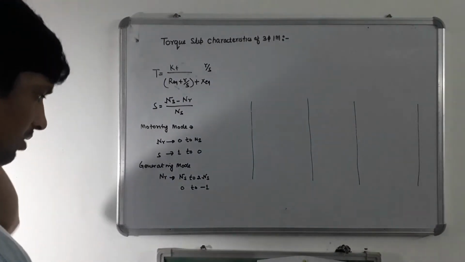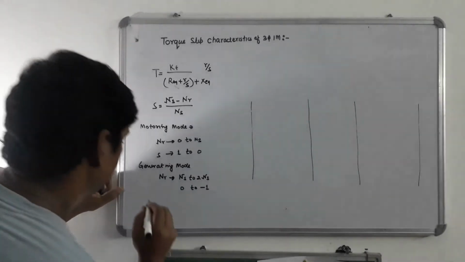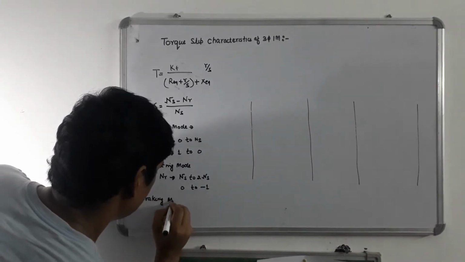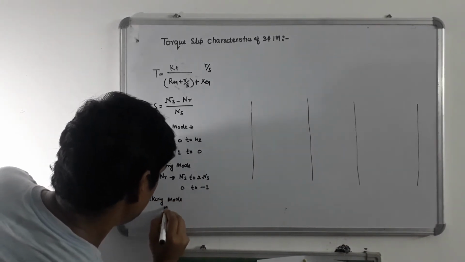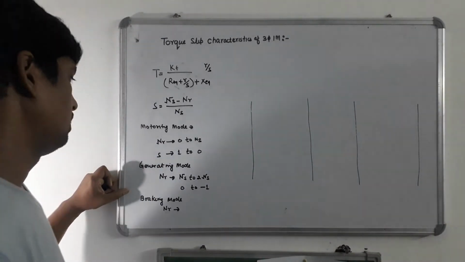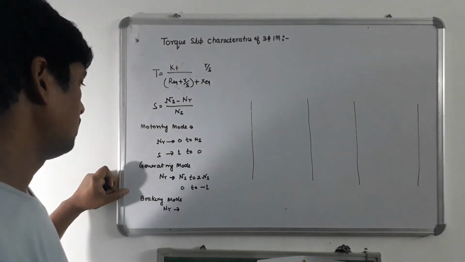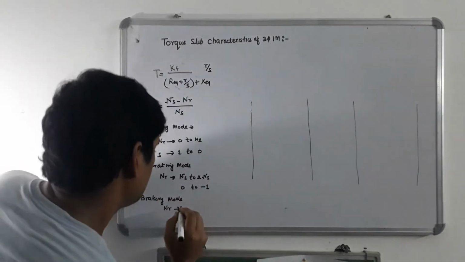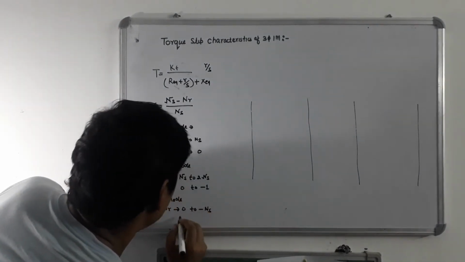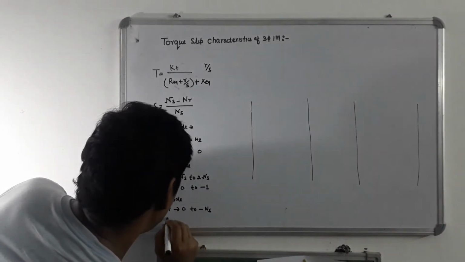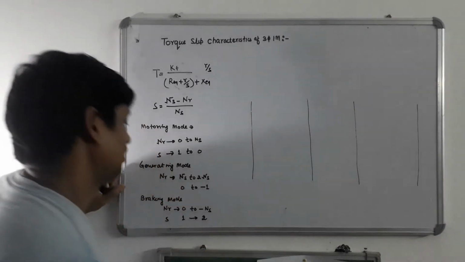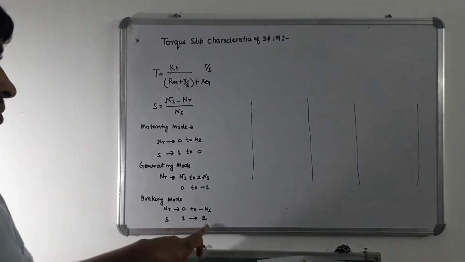And lastly, we discuss the braking mode. Nr changes from 0 to -Ns. Here if we put 0, then slip will be 1, and slip will change from 1 to 2.